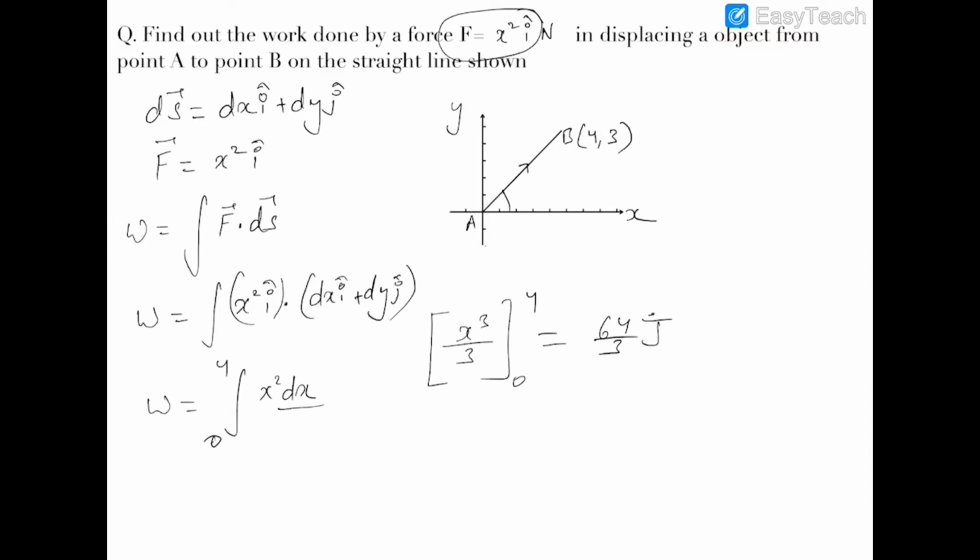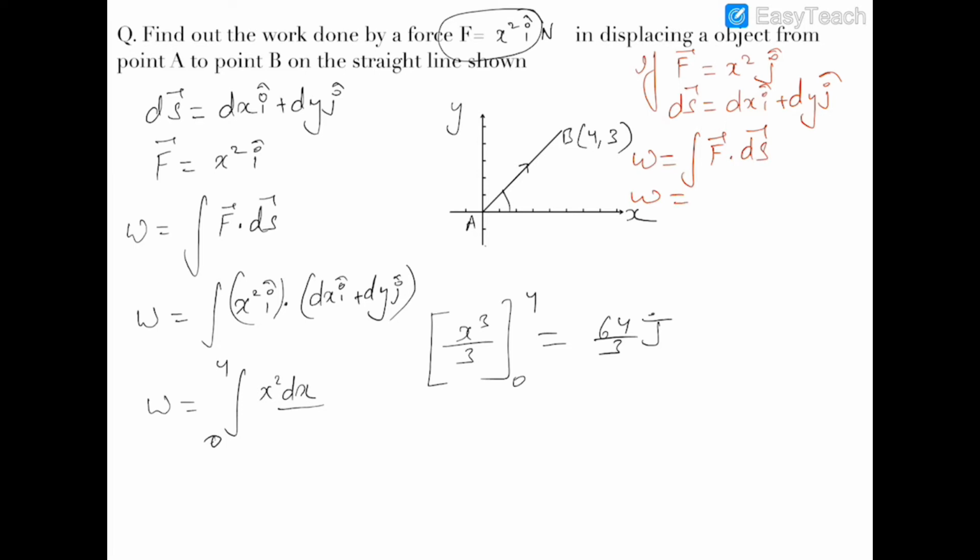Now what happens if the force was given to us as F equal to x square j cap? Now in this case, the displacement ds would remain the same, dx i cap plus dy j cap, and work done will be integration of F dot ds.